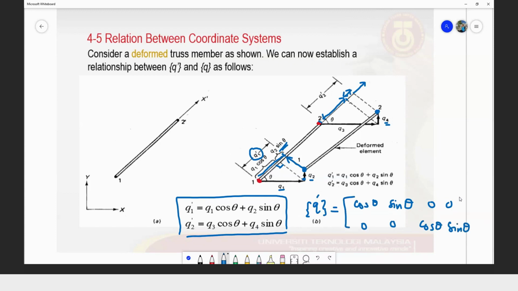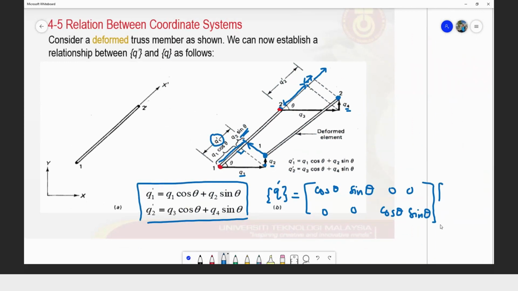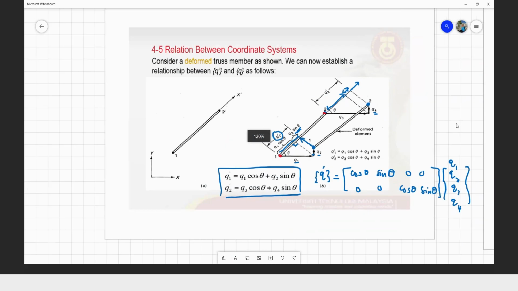So this is what we call the transformation matrix. At the end we have Q1, Q2, Q3, and Q4. So this is if you would like to write this equation in the matrix format.